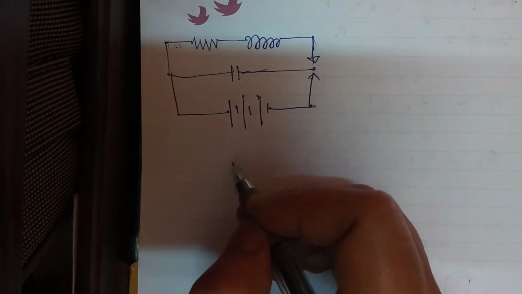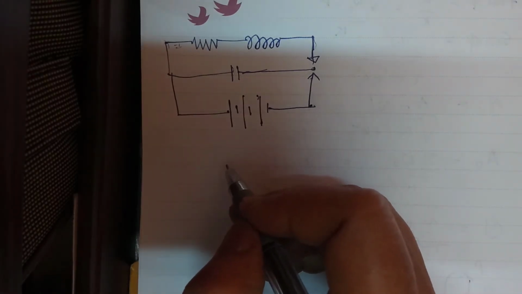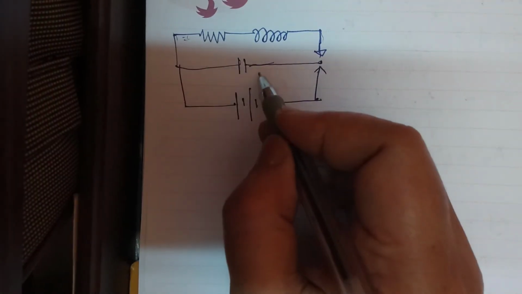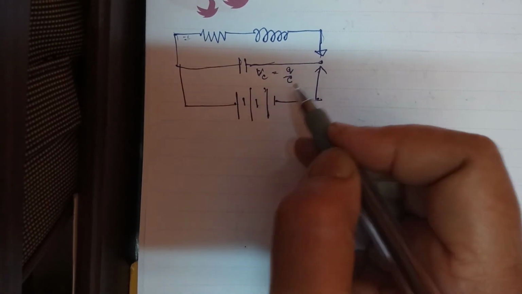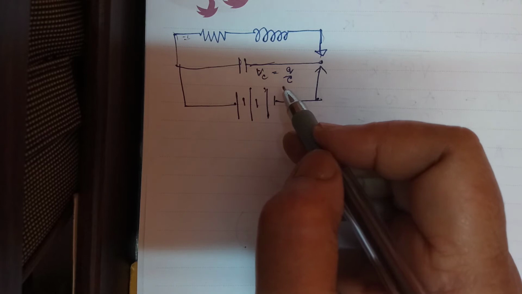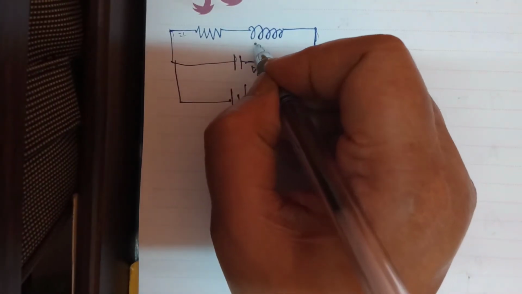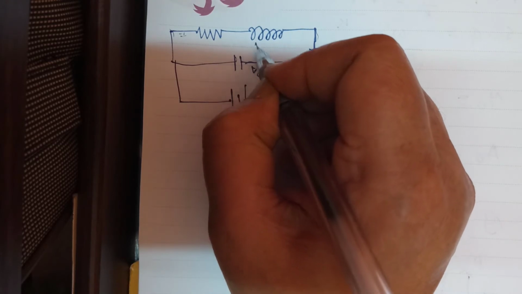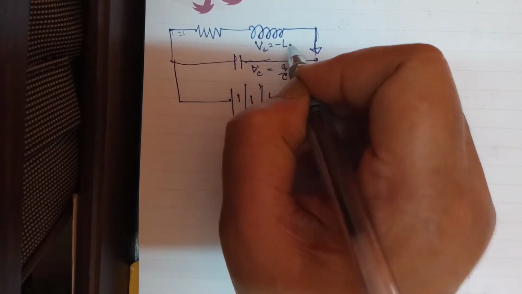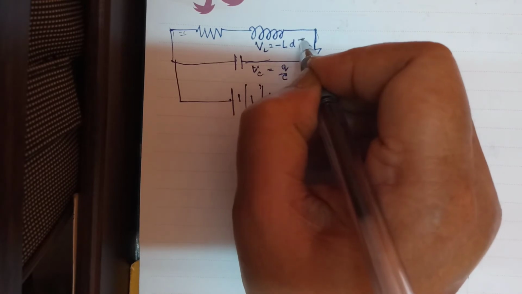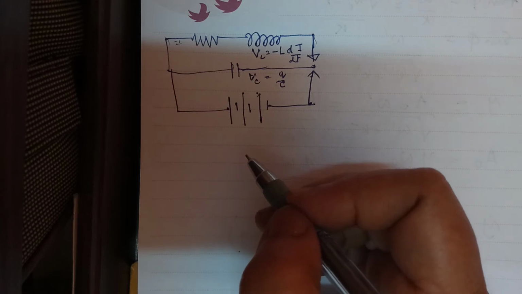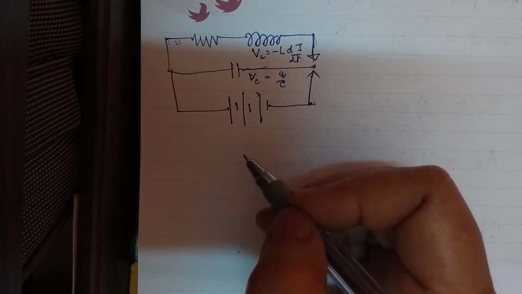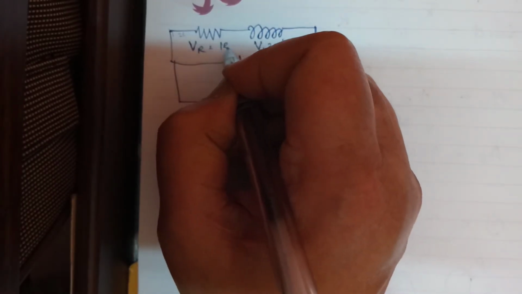For whatever voltage you are generating, the voltage across the capacitor V_C is equal to Q by C. The voltage, the back EMF across the inductor, V_L, is minus L dI/dt. And what about the voltage across the resistance? V_R is equal to IR, isn't it?